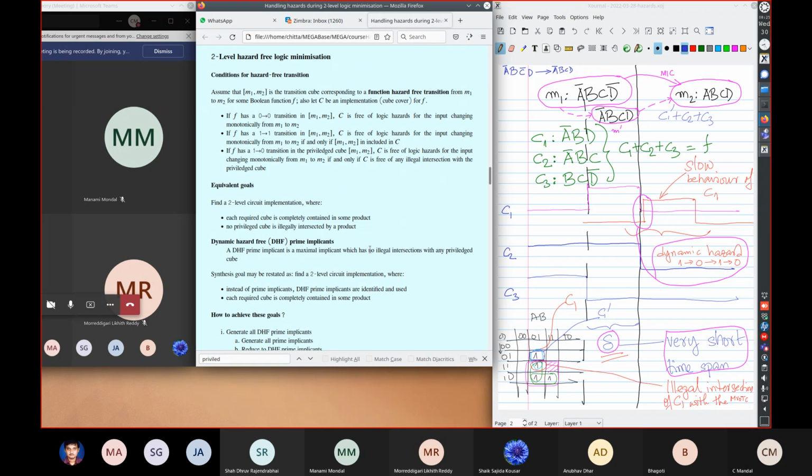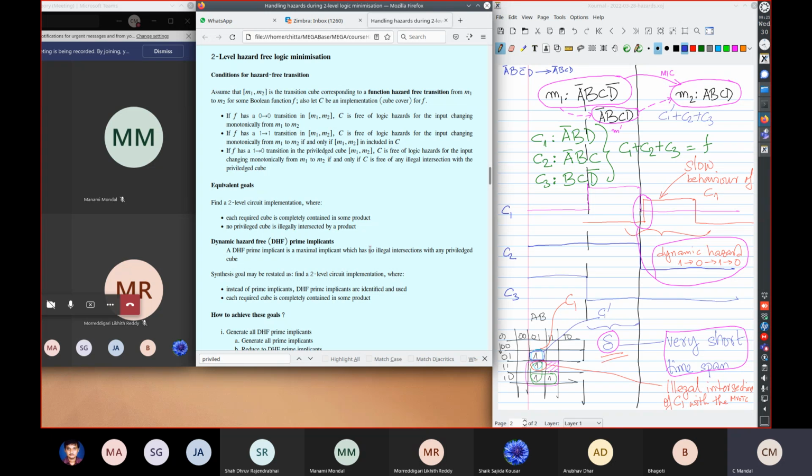So we consider, assume this cube M1, M2 is a transition cube corresponding to a function hazard-free transition from M1 to M2 for some Boolean function f. And you are given an implementation which is C. It's a cube cover for f.